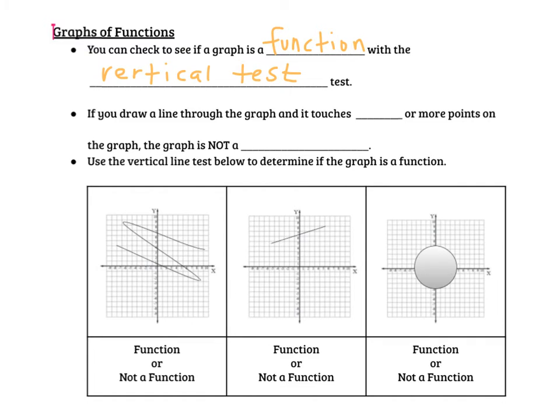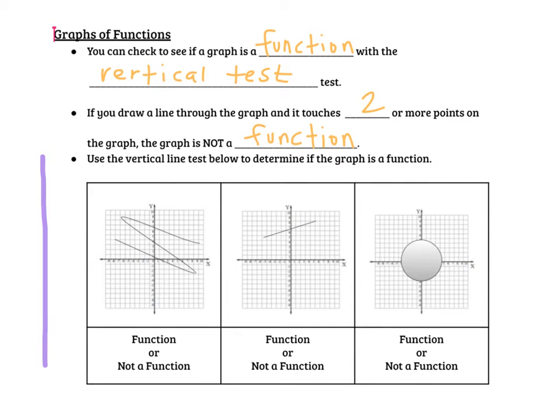So here's how this works. If you draw a line through a graph and it touches 2 or more points on the graph, then the graph is not a function. It's a pretty simple, straightforward test. You just have to remember that it's called a vertical line test, so your line must be vertical. Okay, let's see how this looks.